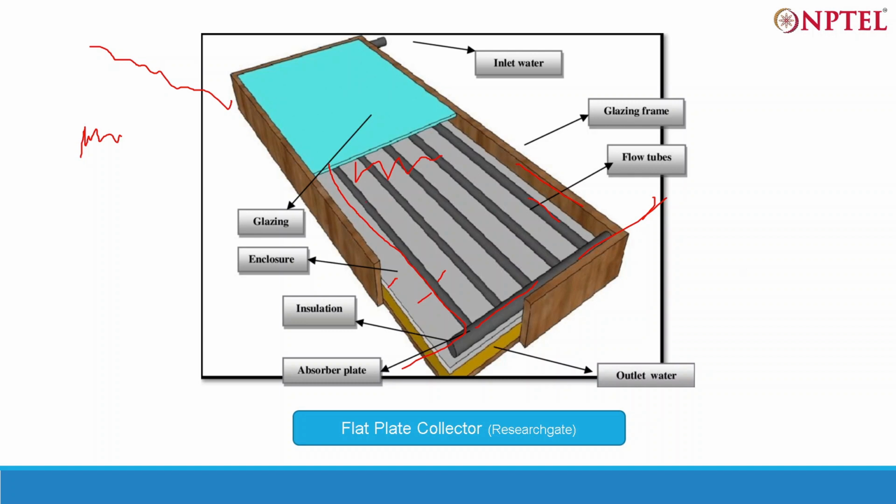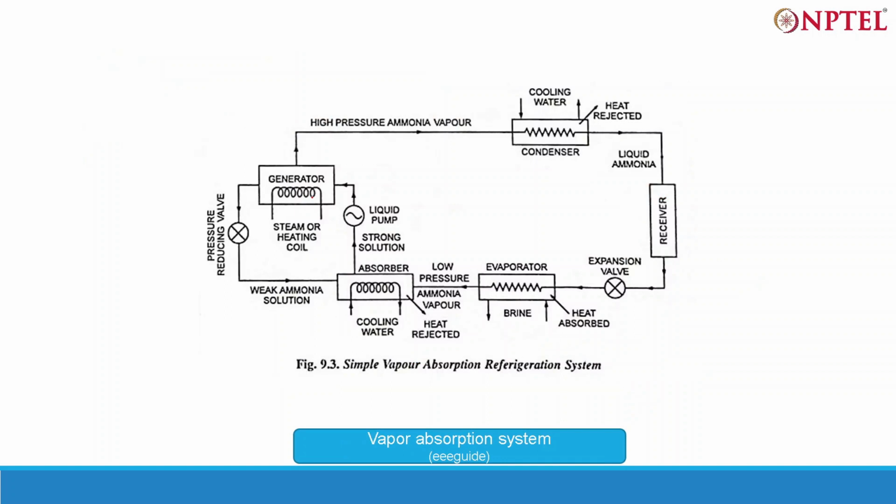This shows how a flat plate collector works. And this is basically a vapor absorption system, which you have studied in class 12. This is the absorber cycle and this is the generator cycle.